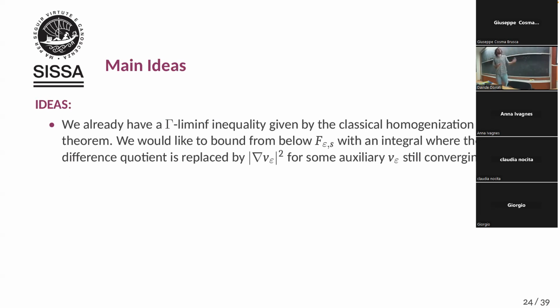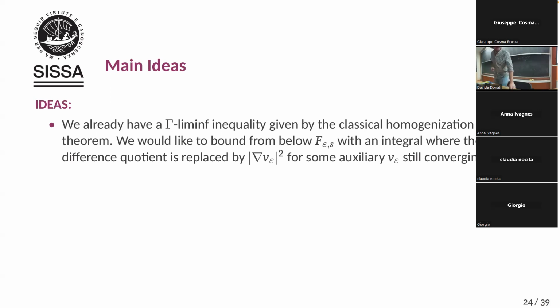And hopefully we will be able to do it in such a way that this v epsilon, the auxiliary function, is still convergent to u in L2. If we are able to do this, then by applying the classical gamma liminf inequality, we should recover our gamma liminf inequality for this F epsilon s function.